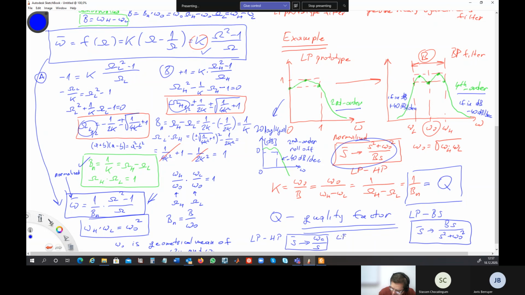Low pass to low pass is normalized to S over omega C. That's denormalization only. So there is also the possibility to write for all four cases. So this was our lecture about frequency transformations.